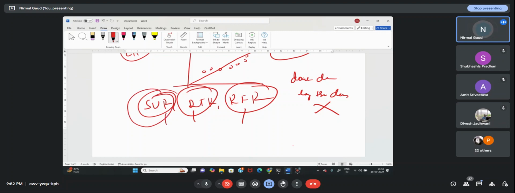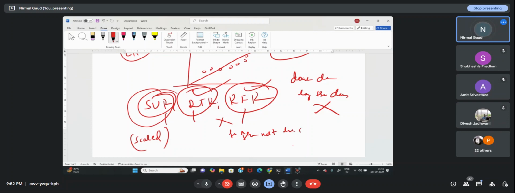SVR demands data which is scaled. DTR and RFR, that is decision tree and random forest, demand neither scaling nor log transformation. They only demand that features should not be correlated.